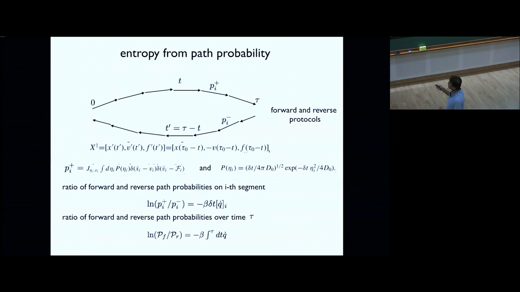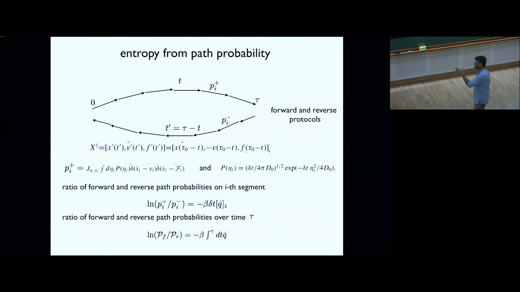If one does this calculation and calculates the forward and reverse path probabilities and the ratio of that on this ith segment, you can write it down as minus β, which is 1 by k_B T, times Δt, the time step over this segment, and the heat produced, the heat absorbed from the reservoir, Q̇ at that ith moment.